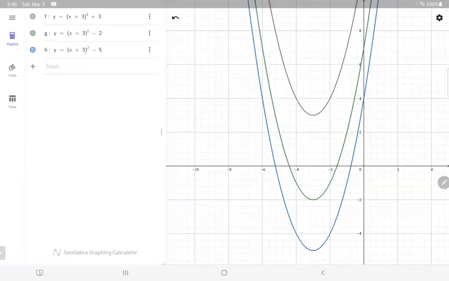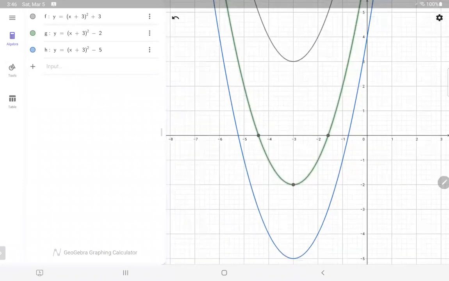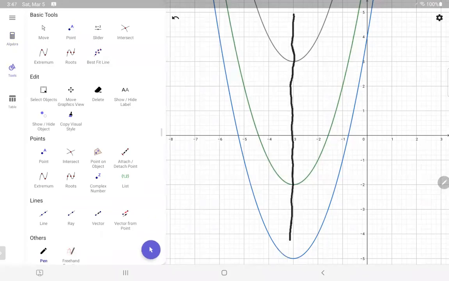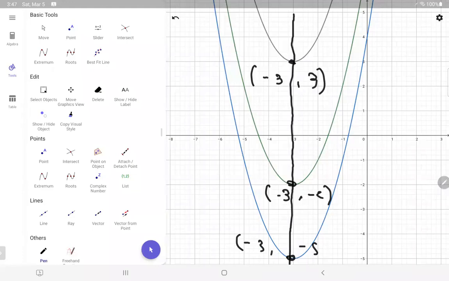So this is the axis of symmetry to all of them. And the vertex: the x coordinate, -3, comma here, 3. -3, comma, -2. -3, comma, -5.